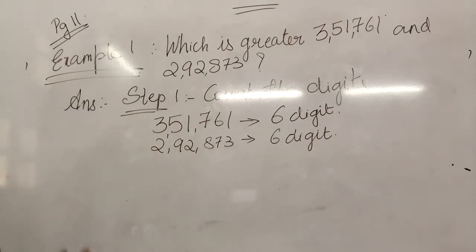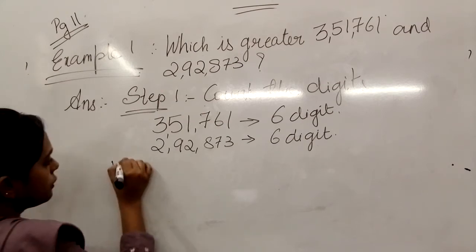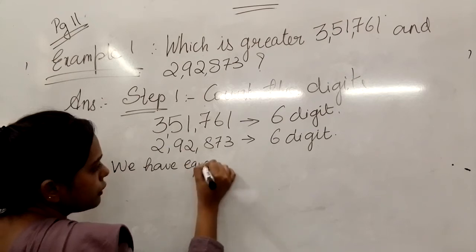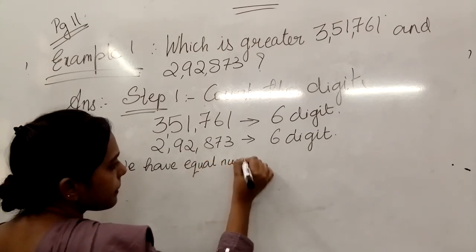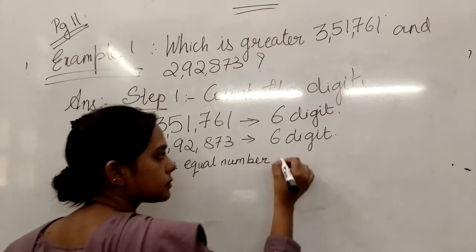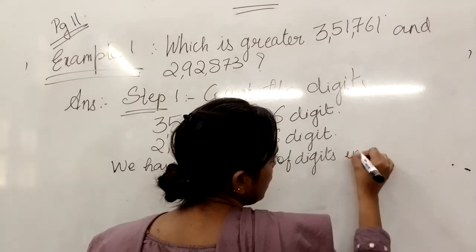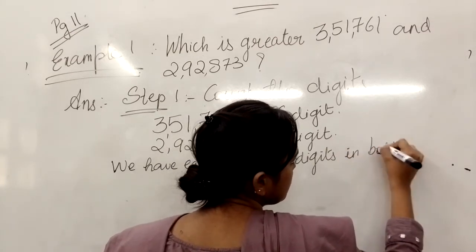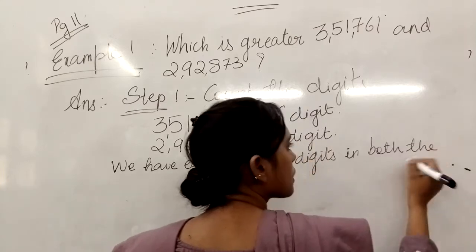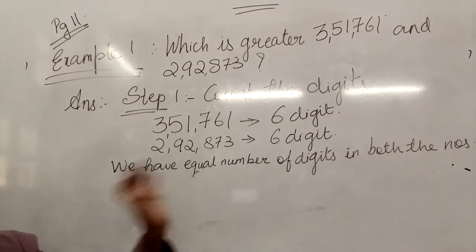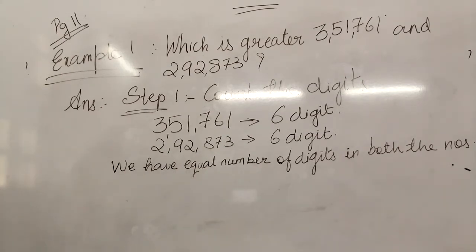So now we have an equal number of digits in both the numbers. Yes, we have an equal number of digits in both the numbers. So what are we going to do now? We will do step 2.